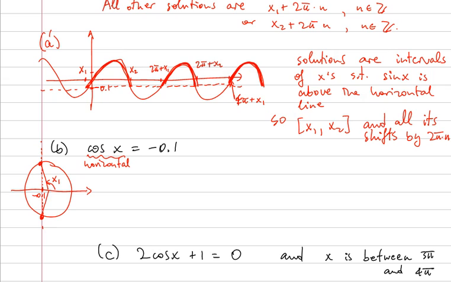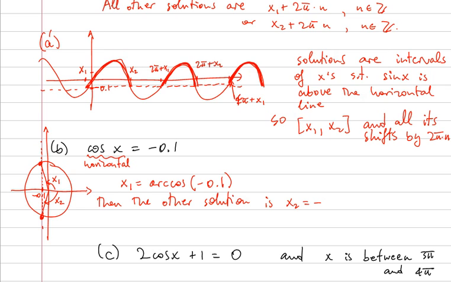So this angle here is going to be x2, which is negative x1. So x1 is equal to arc cos of negative 0.1, and the other solution is x2, which is negative x1.